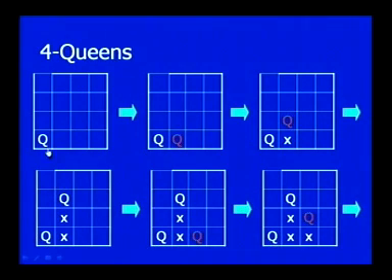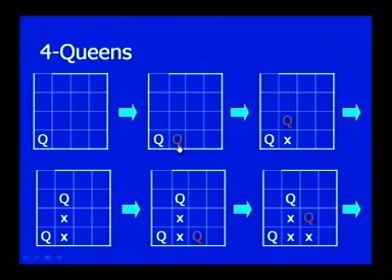I can give you a small example of how these things are done. Now this is your 4 by 4 board, with 4 queens. The first queen you are putting here. By the rules of the game, no queen can be placed here, here as well as here.